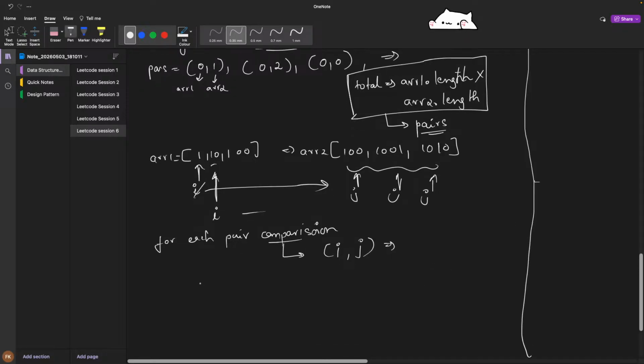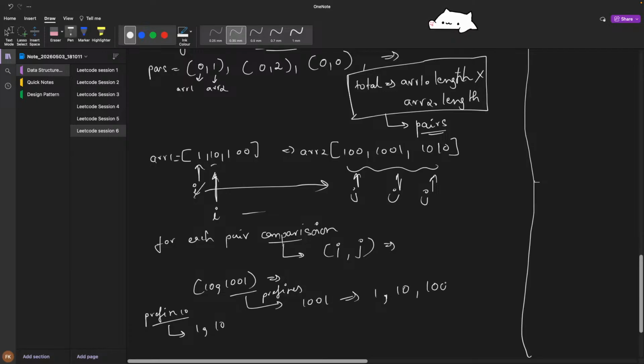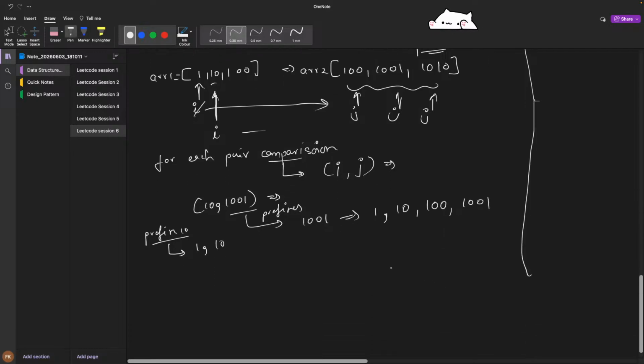Let's take an example. We are comparing 10 with 1001. The prefixes of 10 are 1 and 10. Prefixes of 1001 are 1, 10, 100, and 1001.